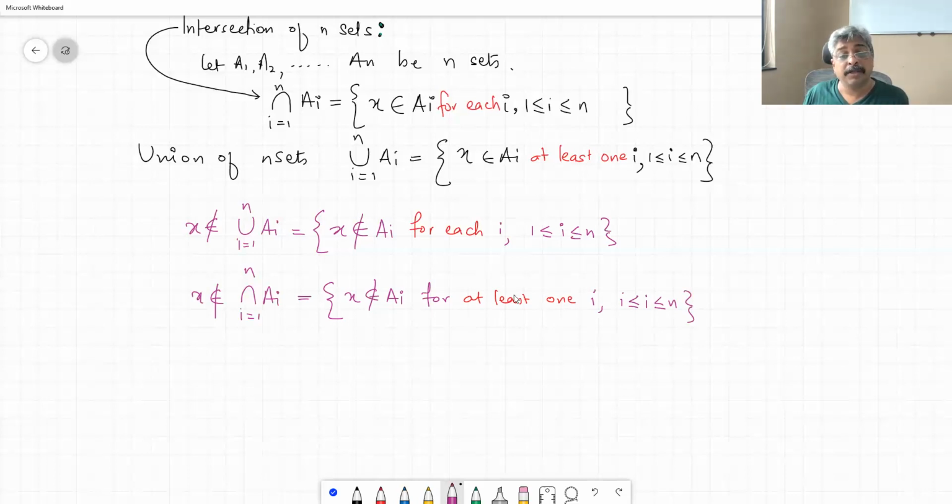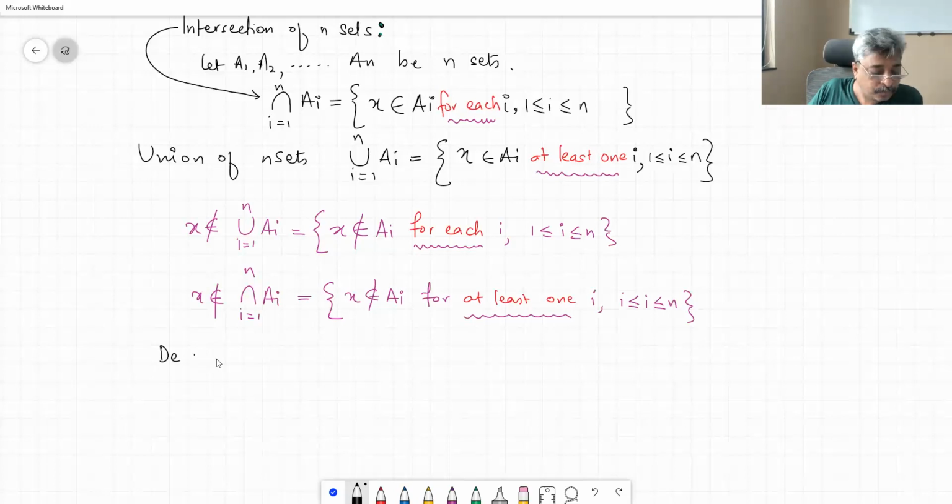Okay, I think this is plain. For each in case of intersection when it comes to belongingness, and at least one in case of union when it comes to belongingness, and for each for union when it comes to not belonging to, and at least one for intersection when it comes to not belonging to. Okay. With this background, I have to give you De Morgan's laws to prove.